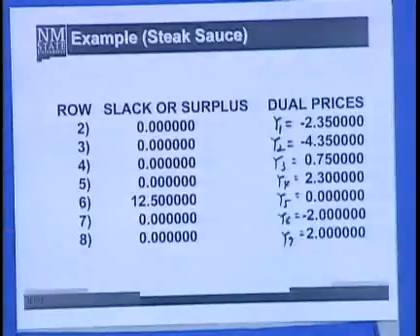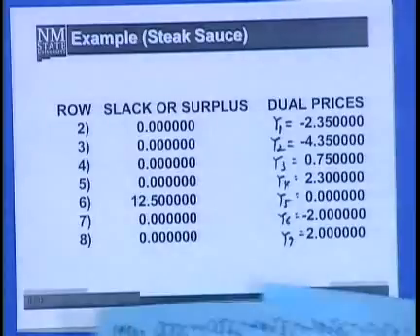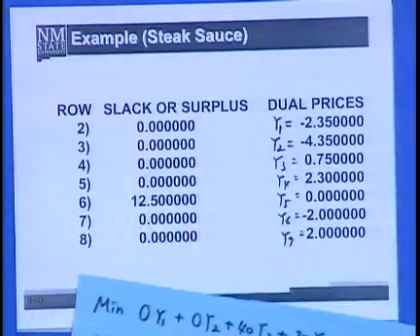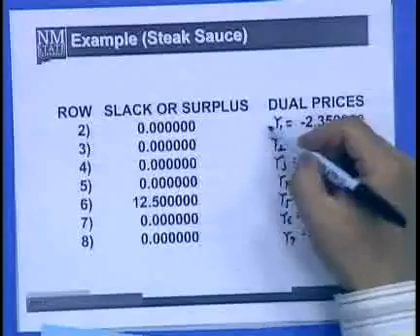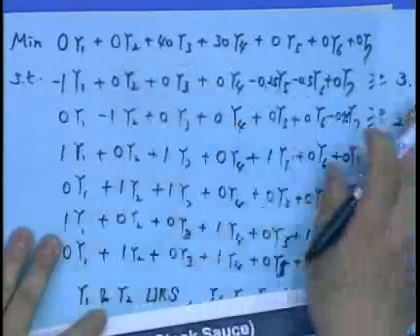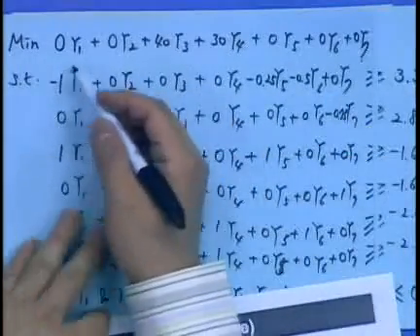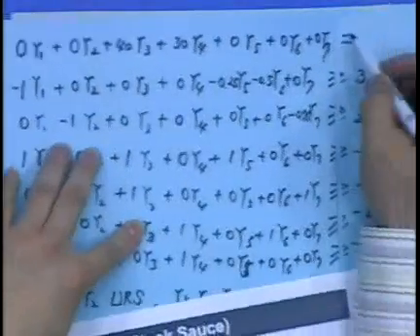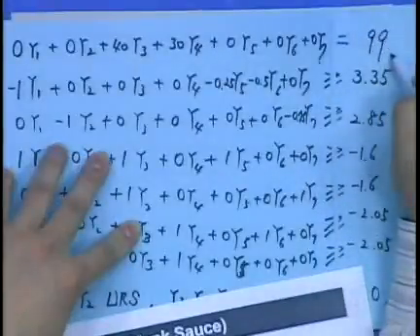Okay? Using these y values, the dual objective function value would be 99. Okay?